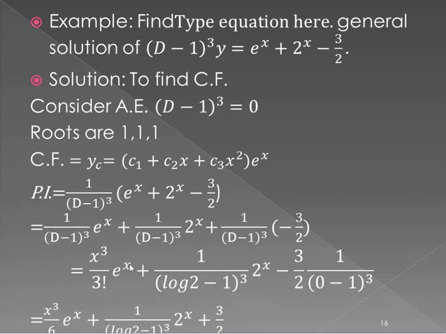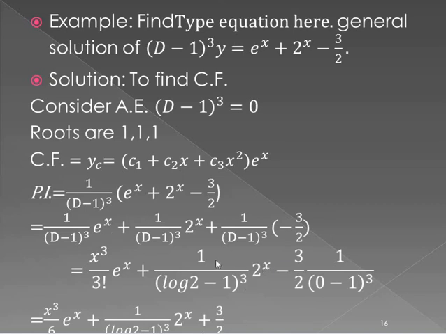So by using this formula we get, here r is 3, so x raised to 3 upon 3 factorial, e raised to x. Here a is 1. Next, 2 raised to x is the term, so here we have to replace d by log a. Here a is 2. Therefore 1 upon log 2 minus 1 cube, 2 raised to x.